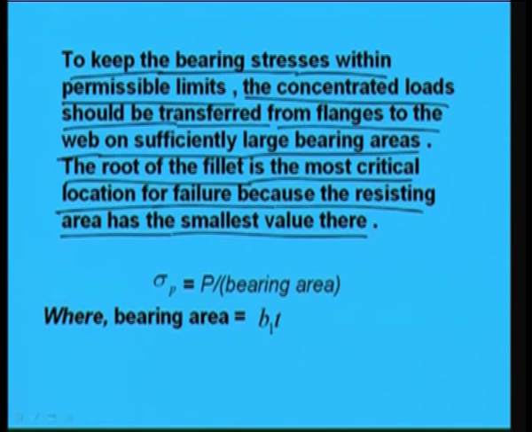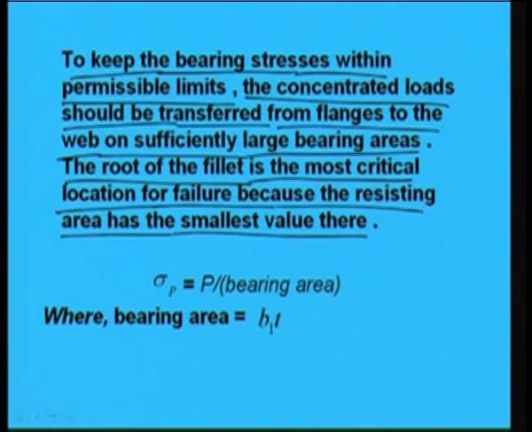As the resisting area becomes less, chances of failure will be there. So, the bearing stress we can find out from sigma P is equal to P by bearing area, where bearing area is B1 into T. That means sigma P will become P by B1 into T.